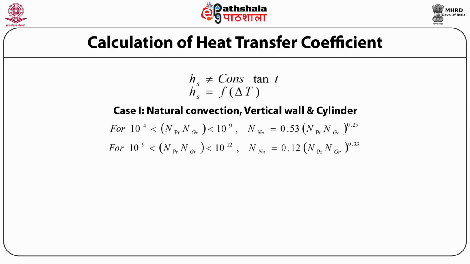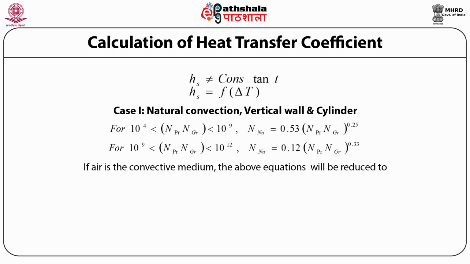The above two cases were for a liquid as the convective medium. There may be many more equations. You can refer to any books for this. Let us see the case of air as the convective medium.